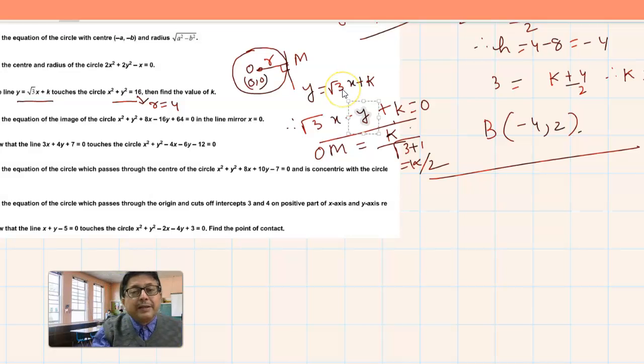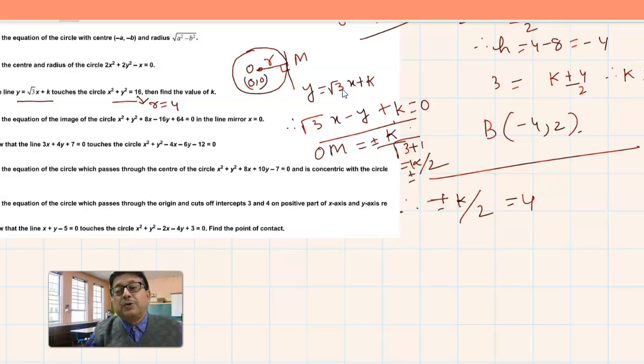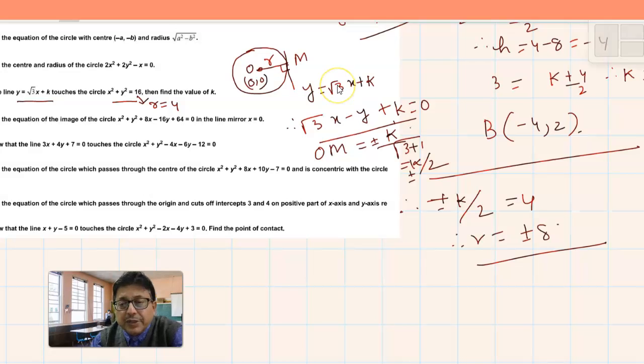But they have given radius is equal to 4. So K by 2, and put a plus minus sign over there. This is compulsory for you. So plus minus K by 2 is going to be equal to 4. So K is going to be plus minus 8.